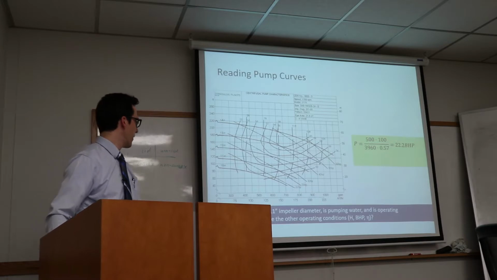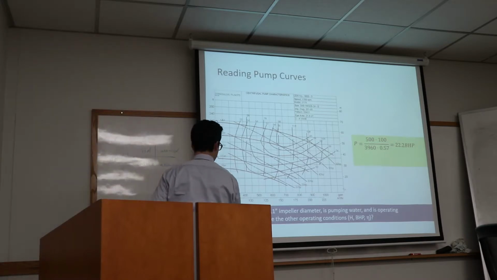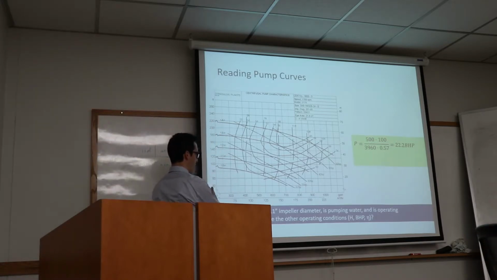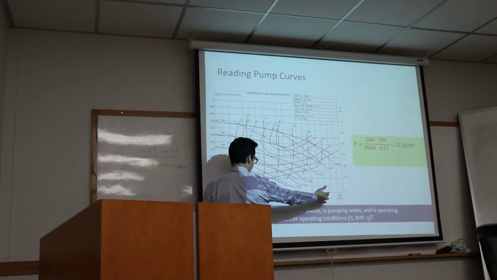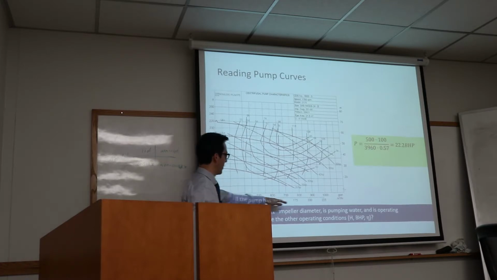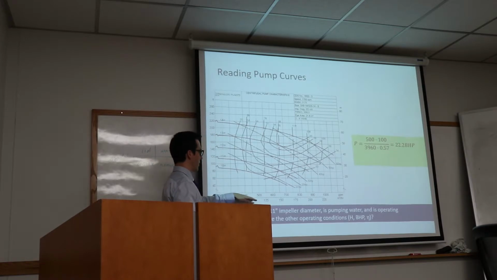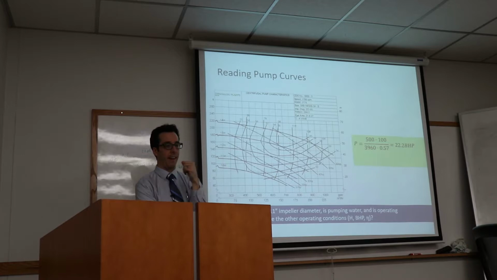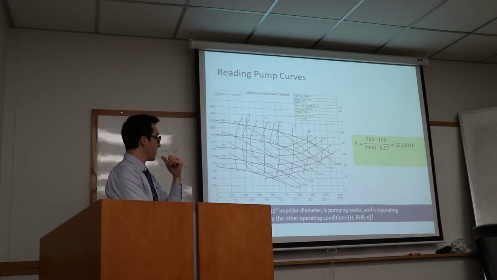Just to orient you, on any pump curve, the horizontal axis is always the flow rate. There might be different units, but it's always the flow rate. So here we're going to look at the top one, which is gallons per minute. There's also units of cubic meters per hour, which we're not going to use. On the vertical axis is head, in feet in this case.